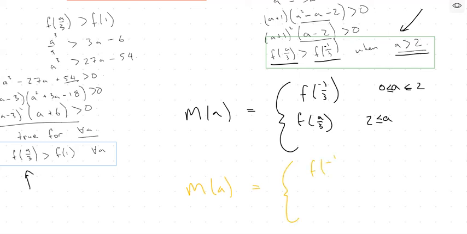So they agree with this. However, they agree with this bit. This is between 2 and 3. But then they say this. So when a is bigger than 3, they have this third condition here. I don't understand why they've done that.